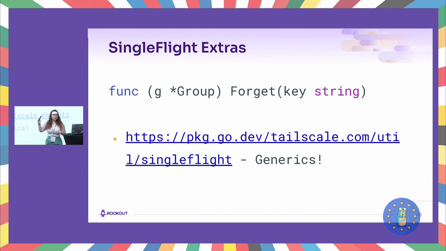But if I wanted to forget a key or force Singleflight to forget a key, I could use the forget method. Also, Tailscale has a wrapper, I think, for Singleflight, which allows for generics. So that's also pretty cool. If you use generics, you should use that.